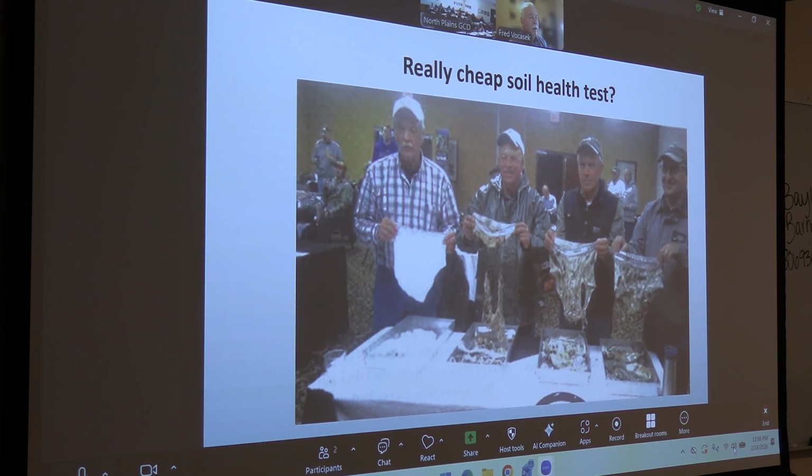And so the degree of decomposition tells you something about the microbial activity. The more ragged those underwear are, the more microbial activity you have. So that's what this is supposed to represent.